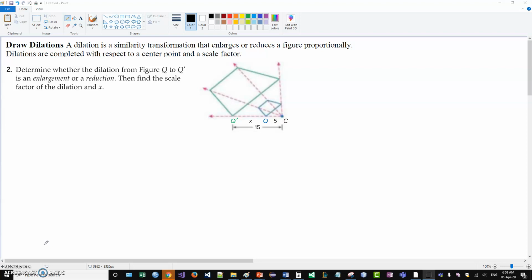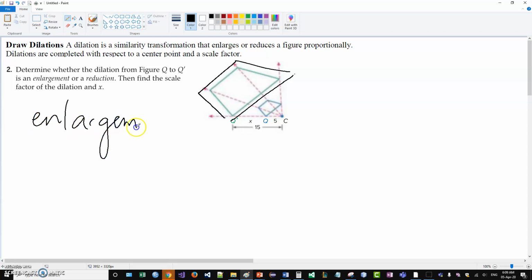So, as you can see, the new image, which is this, is an enlargement, okay? So the answer is enlargement, because it's larger than the original image. Of course, the new image is the one that has the points with prime, like Q prime, A prime, B prime, okay?